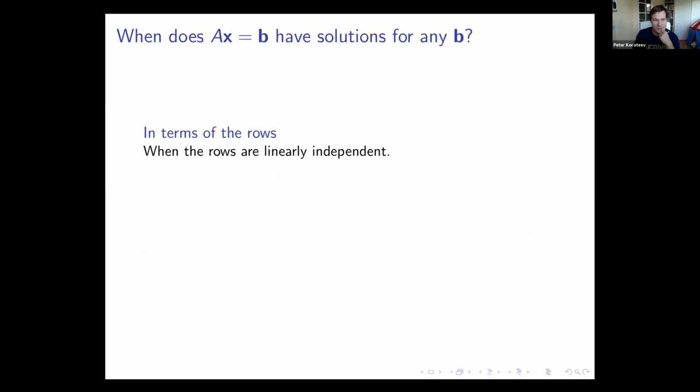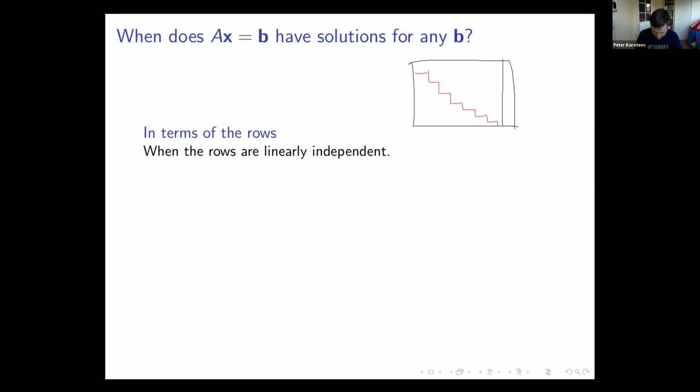So in terms of rows, that means that the rows are linearly independent. So if you say that every column of matrix A is a pivot column, maybe let's do it again. If we had this augmented matrix, and the last column was this vector b, and every column is a pivot column, it goes like a staircase.